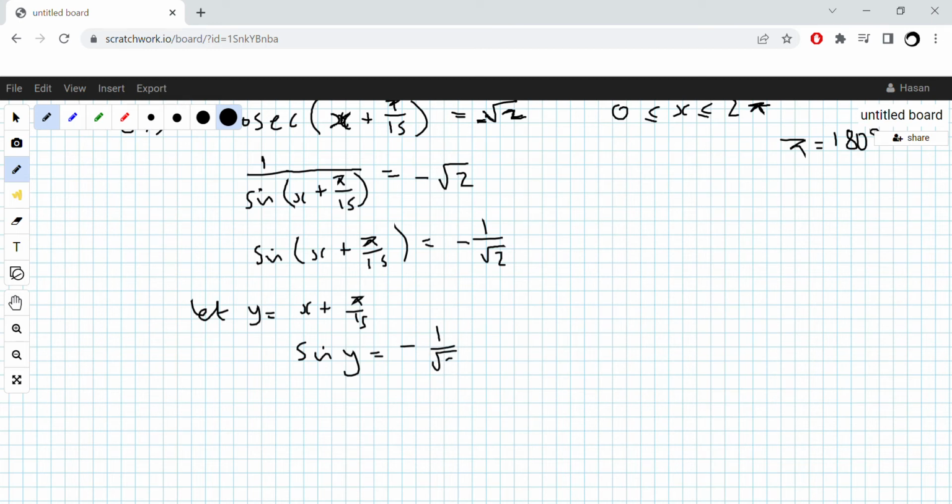1 over root 2. What you need to take care of is this interval as well, because this is dealing with x, but the angle you're dealing with is x plus pi over 15. That's your interval. So all that has happened is that they've added on a pi over 15.